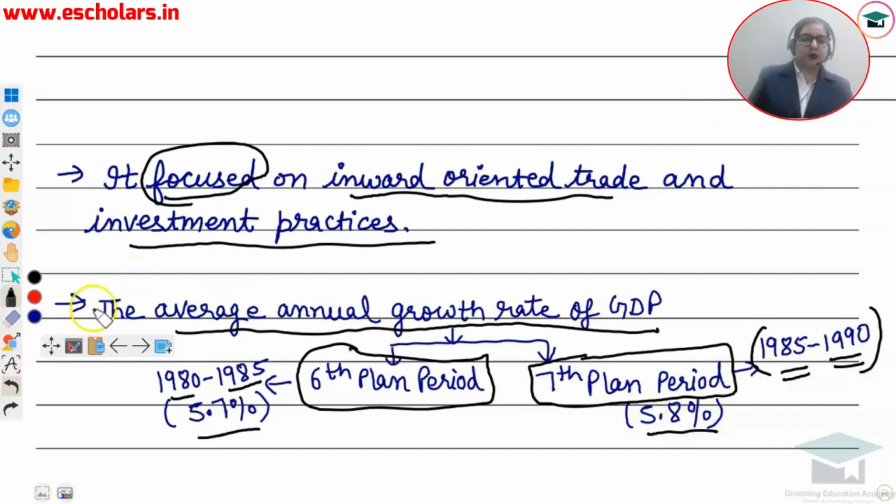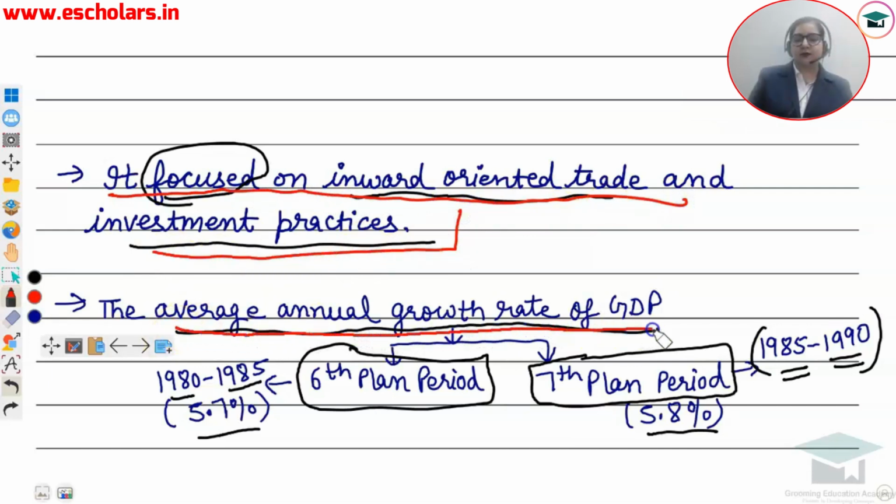Okay. So let's have a look. It focused on inward-oriented trade and investment practices. The average annual growth rate of GDP under sixth plan period, that is 1980 to 1985, was 5.7%, whereas under seventh plan period, that is 1985 to 1990, was 5.8%.